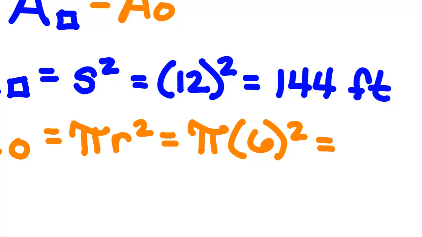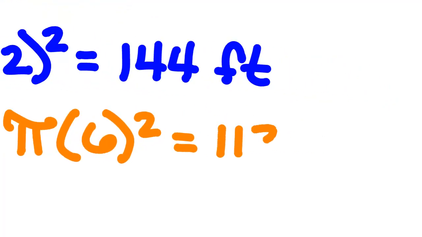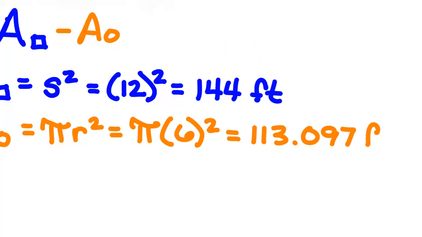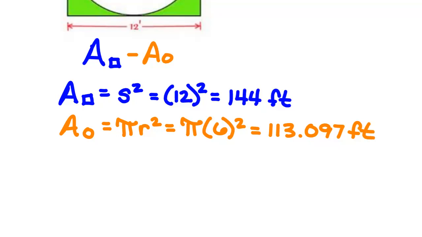How do you make it show you the decimal answer if it shows you something like 36 with the pi still in it? The arrow's right above. So what is the area of this circle? 113.097, and that would be feet squared.